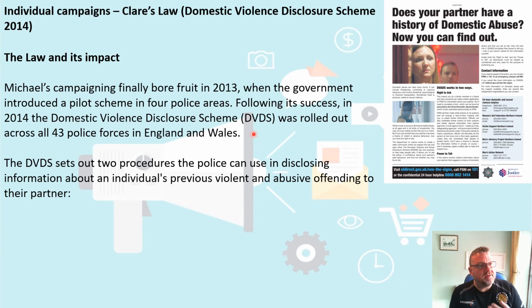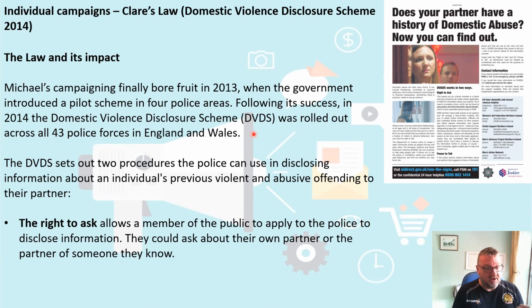And the DVDS sets out two procedures the police can use in disclosing information about an individual's previous violent and abusive offending to their partner. So you now have the right to ask, which allows a member of the public to apply to the police to disclose information. And they can ask about their own partner or the partner of someone they know.